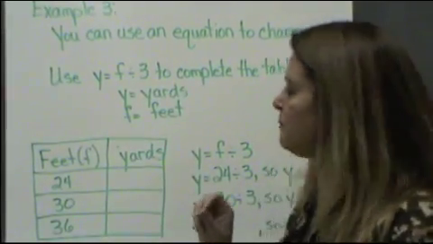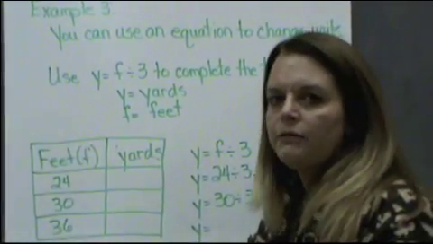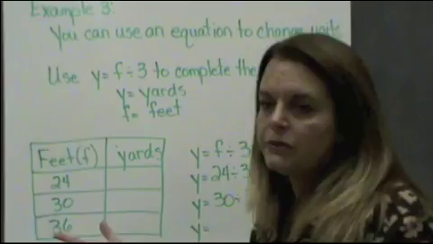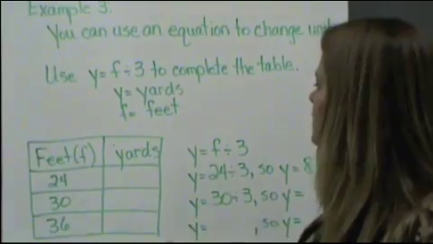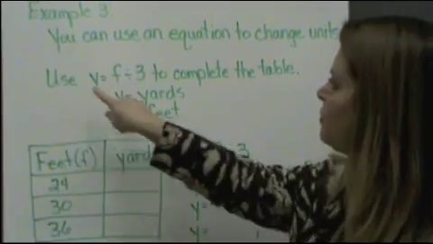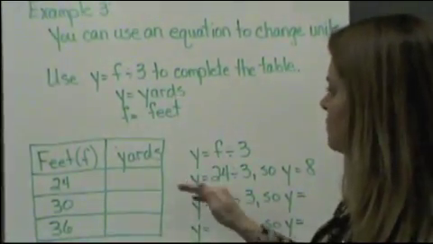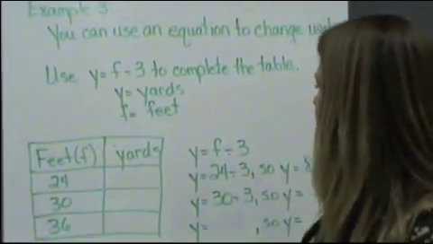Make it simple, right? So I've got my chart, I have my measurements I've taken in feet, but I can only buy the materials that I need in yards, so I need to convert this to yards. So I've rewritten my equation, y equals f divided by 3 here, and now I'm going to solve out for this side of my table.